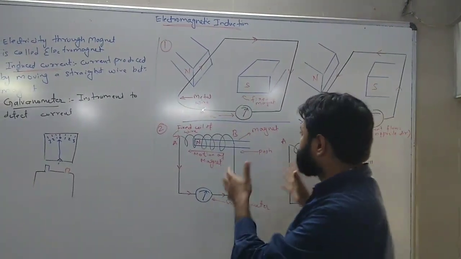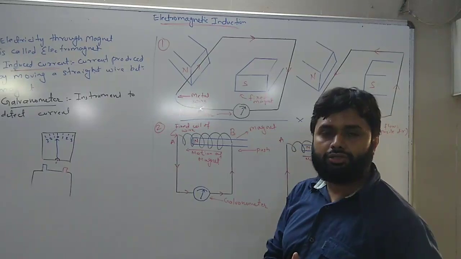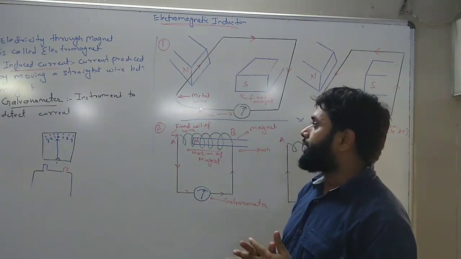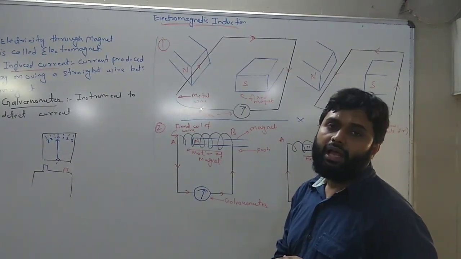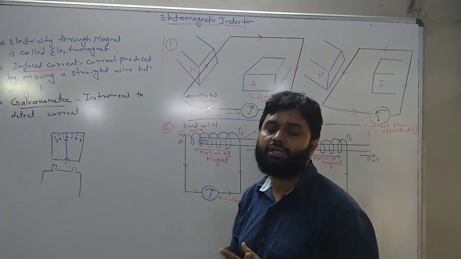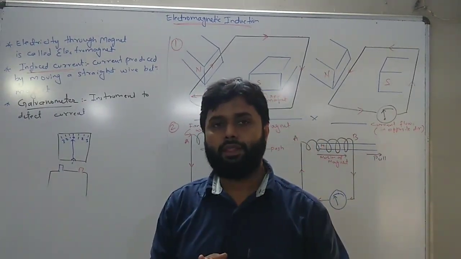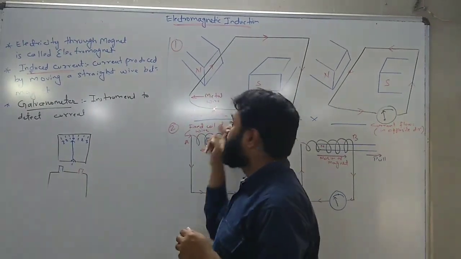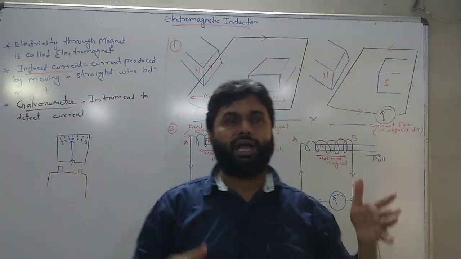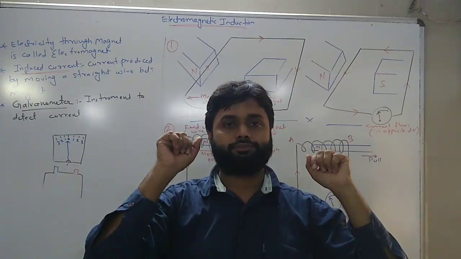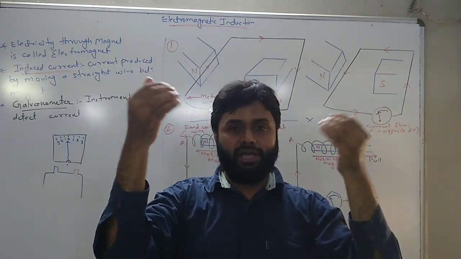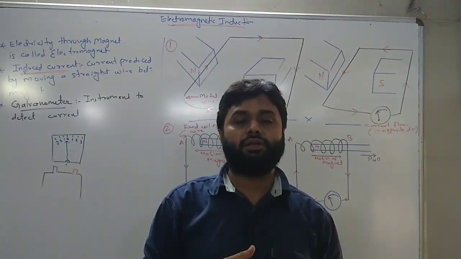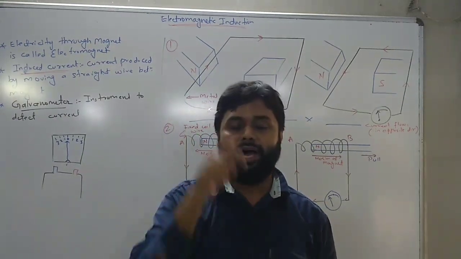The same thing is used in the generator also. The current is induced in the generator, and that generator supplies the current to electric houses. In the generator, it is moved by a turbine. In a hydroelectric power plant, with the help of reservoir water, the turbines are moved.